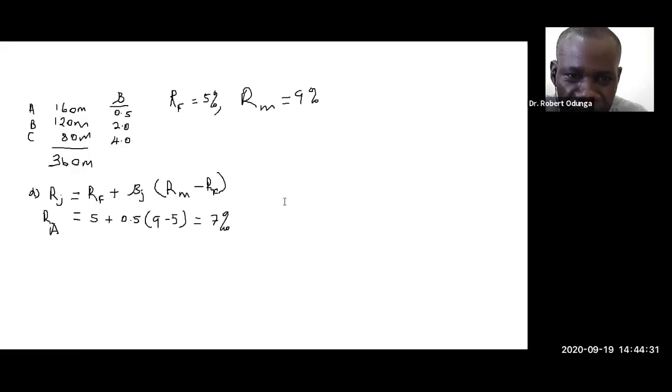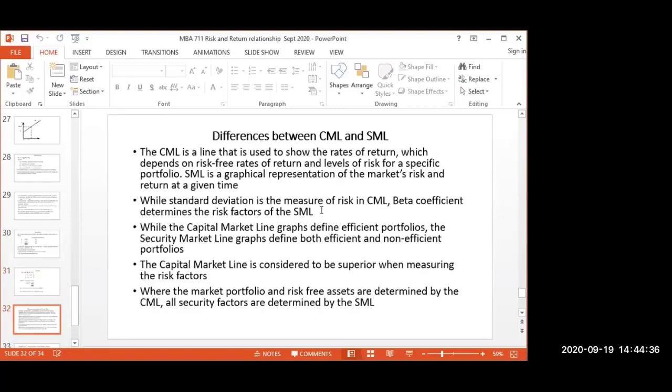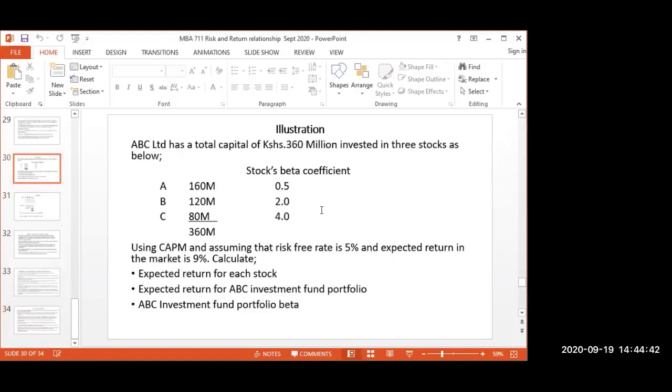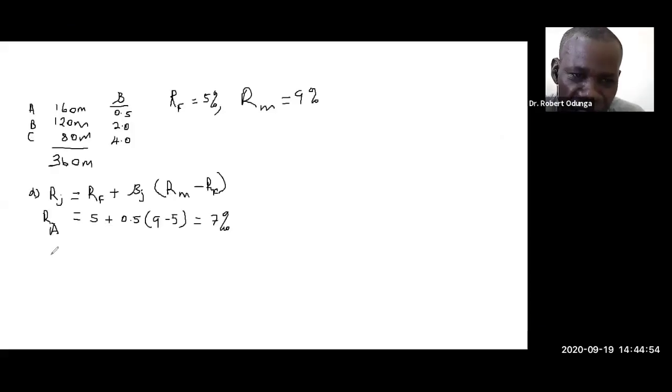Anybody else with a question? Okay. For project B, can you work out the expected return for B? Emebet, can you work that out and give us the return for B?